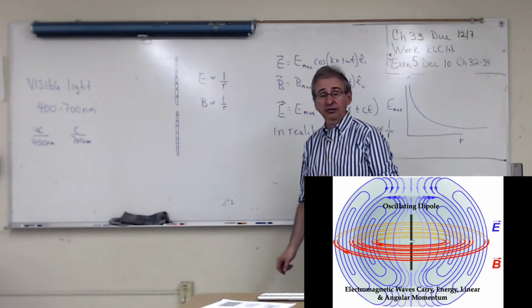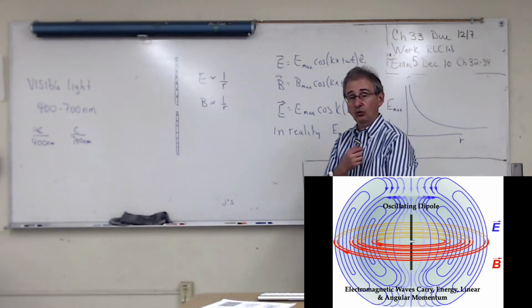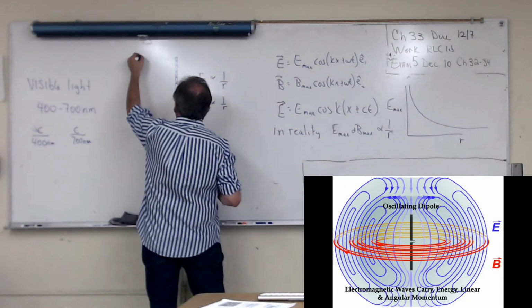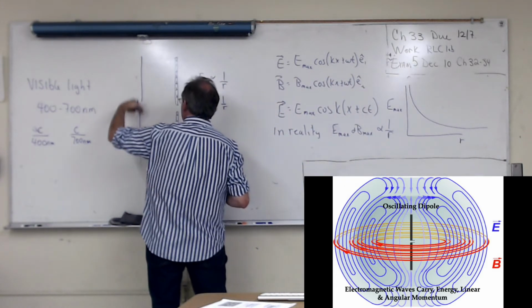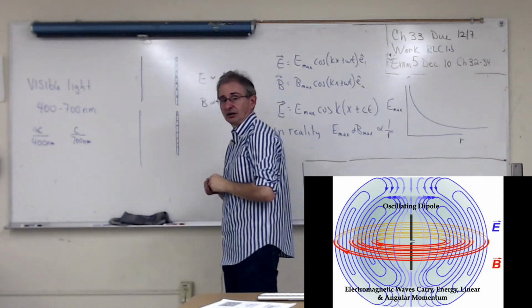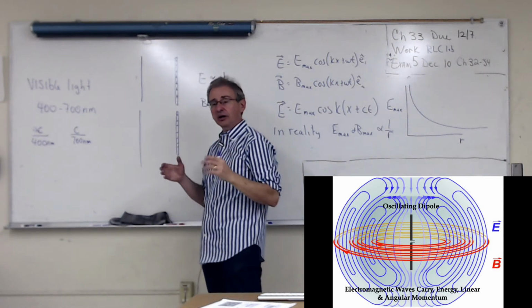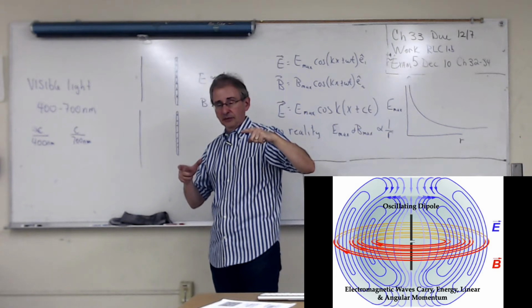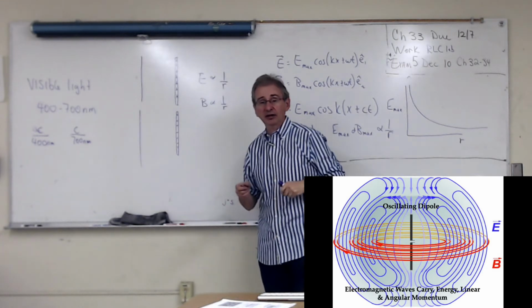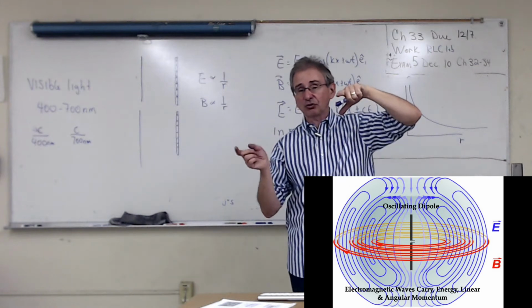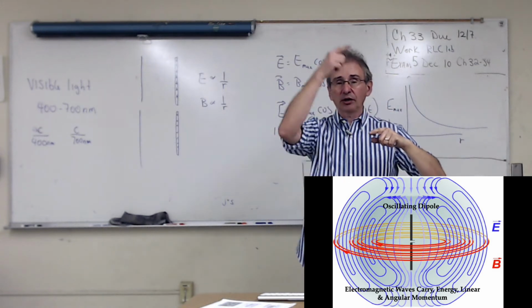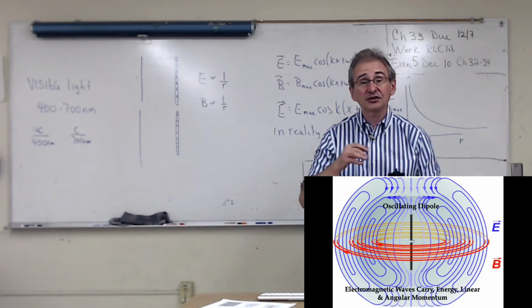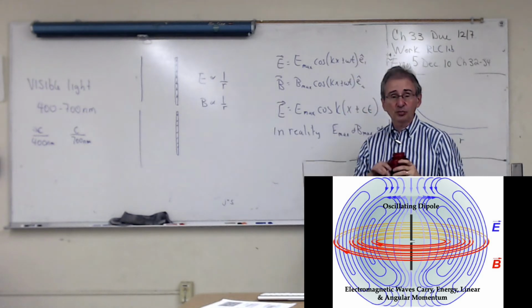You can detect these waves with another antenna, which you put parallel to it, because that's going to induce an electric field into it, and you can actually measure that. Or you can take a loop of wire and orient it perpendicular to the magnetic field so that there's a changing flux through the loop of wire. That's going to induce a current in that loop of wire, telling you that there is an electromagnetic wave. It's called a loop antenna.